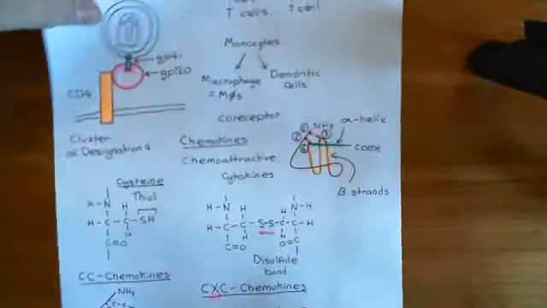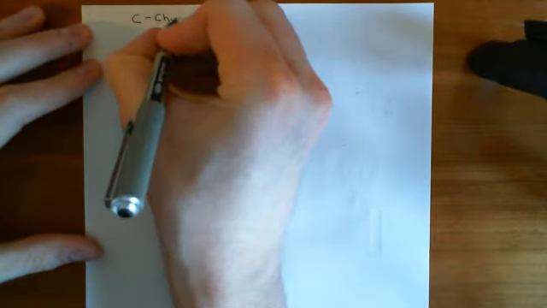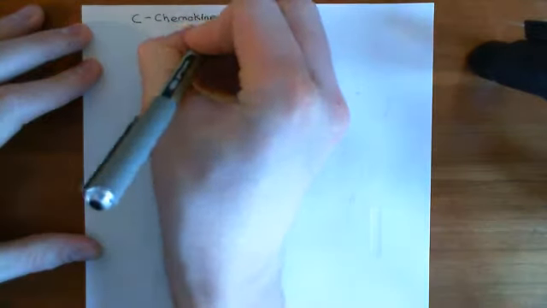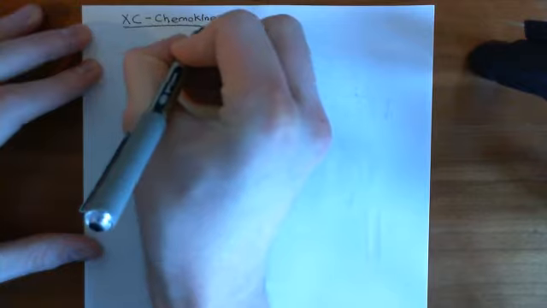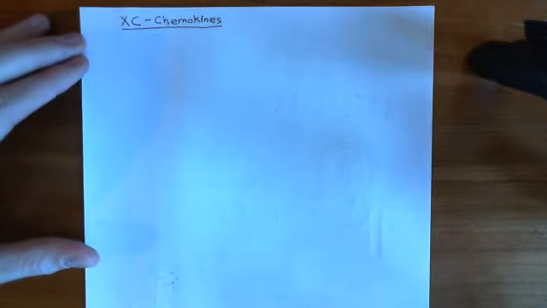There is one that is a little bit more complicated. The final family is called the C chemokines, or sometimes it's called the XC chemokines. And this one I'll have to draw out another picture. So basically, in XC chemokines, you don't have cysteine 1 and you don't have cysteine 3.